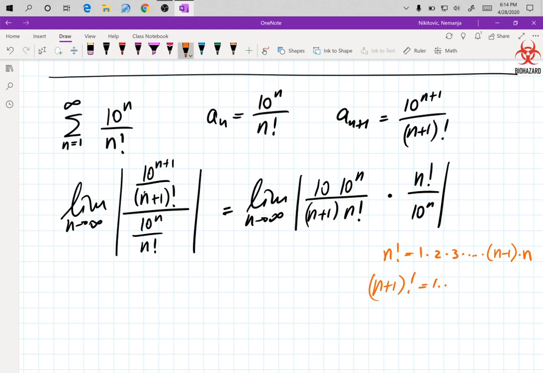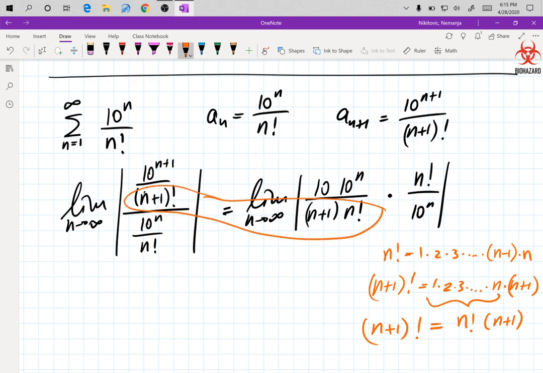Well, it's 1 times 2 times 3 times up to n plus 1, because these two have to be the same. So it ends with n plus 1. So now, if you understand that this over here is n factorial, and then you still have n plus 1 to multiply it by, and that's equal to n plus 1 factorial, that's how I got this. For n plus 1 factorial, you peel off the last number, and then you have all of the previous numbers buried within n factorial.